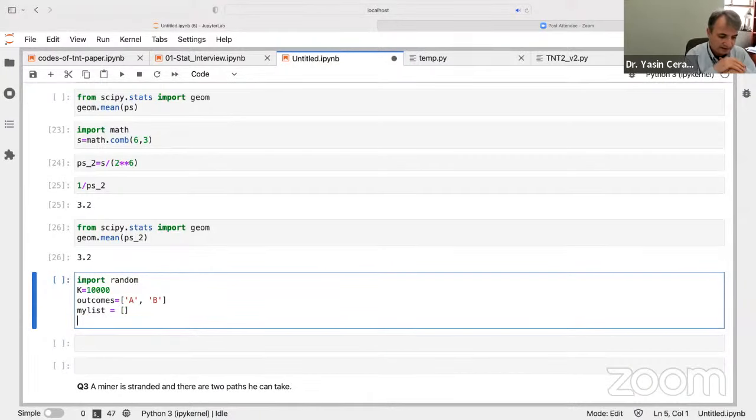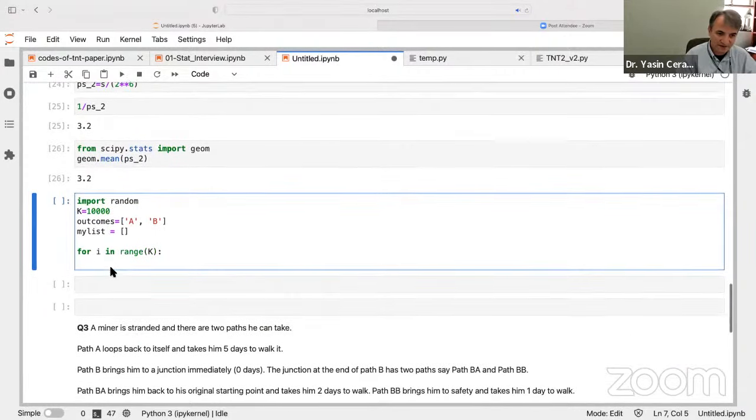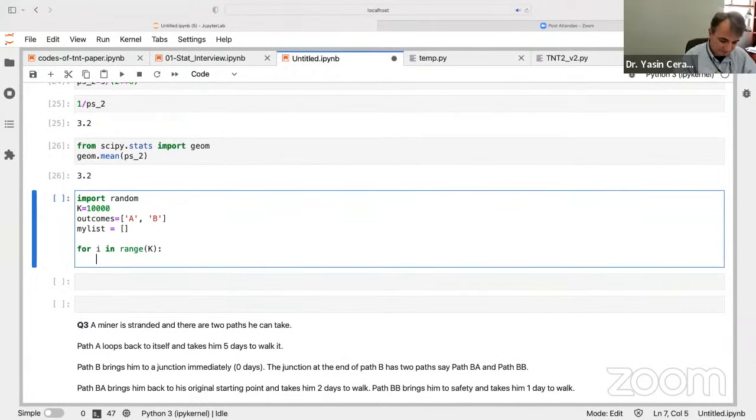I will also count how many times it takes, with a variable J. So for I in range of K, this is how many times I'm going to run this. For each experiment, this is the group, the A's and B's. I'm keeping the A's and B's for each round.